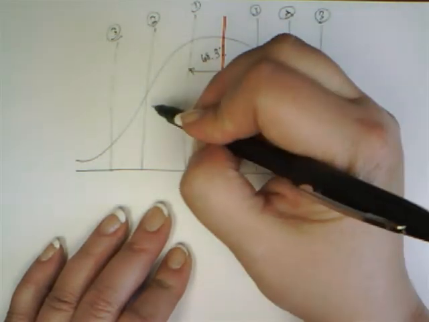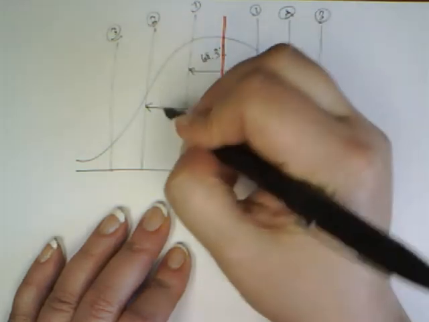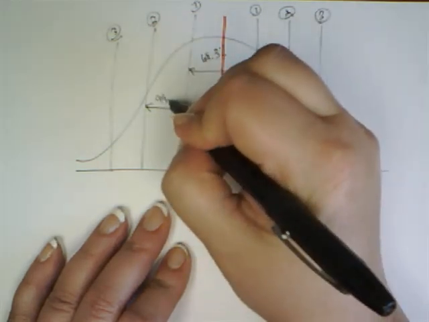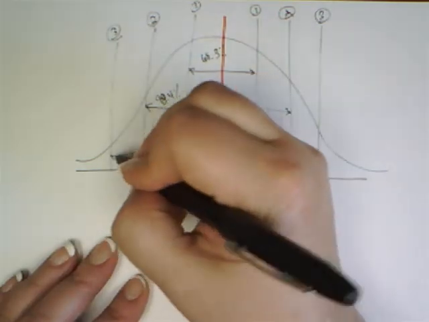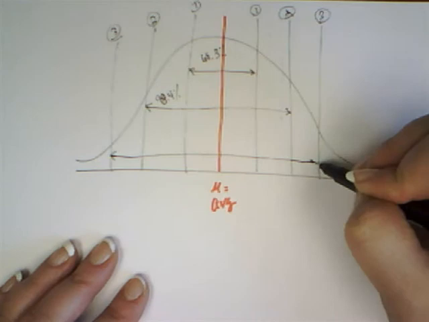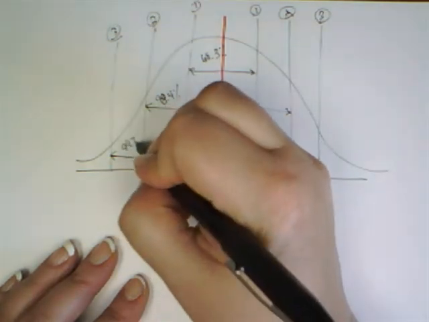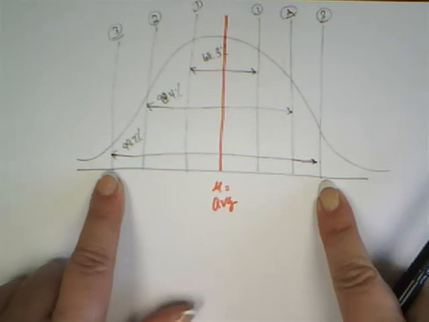Okay, then 95.4% of your data will fall within two standard deviations. And then 99.7% of your data will fall within three standard deviations.